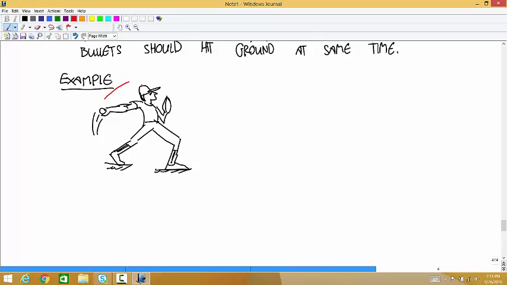His arm comes up, and the ball is released right here. Okay? And at that point, the ball leaves with a speed of 20 meters per second, which is actually pretty slow for someone with all this fancy equipment, and an angle of 25 degrees above the horizontal.